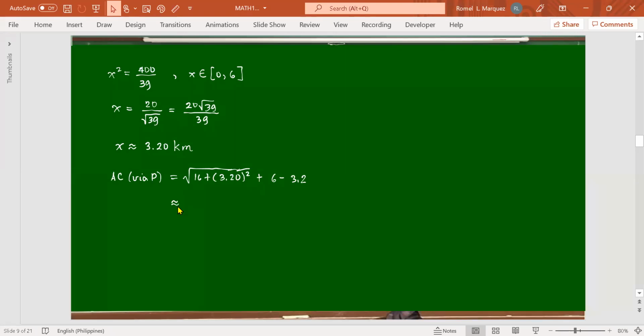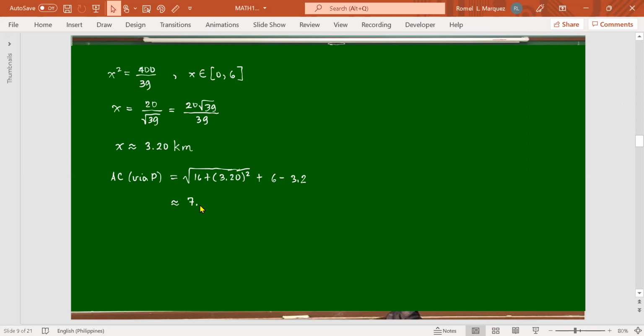Children? Ang accurate actually square root ng answer. Square muna natin. 400 divided by 39 plus 16 equals, square root equals. Then plus 6 minus 20 divided by square root ng 39. 7 point something.